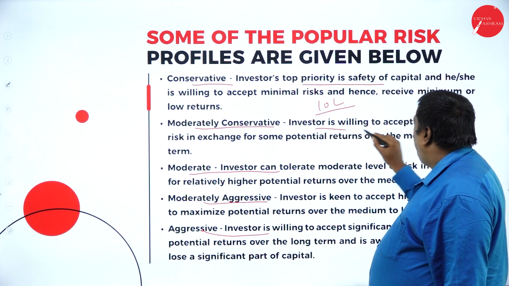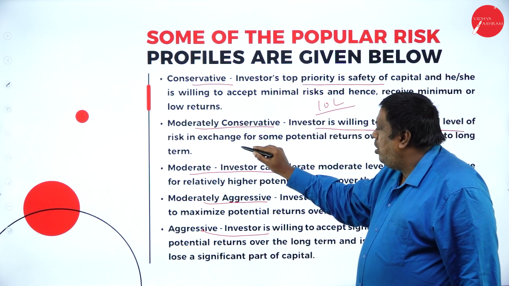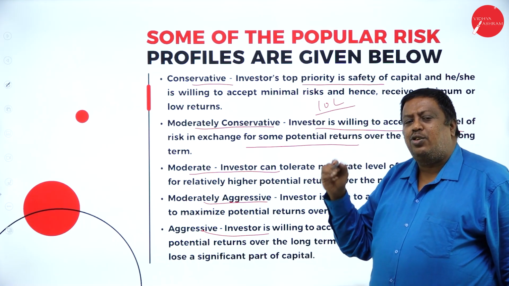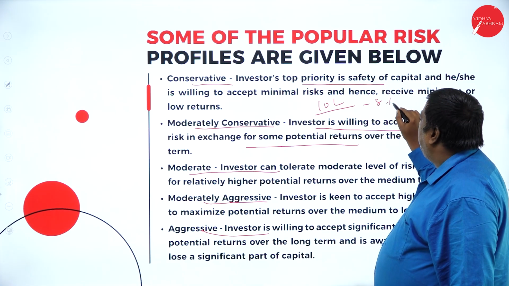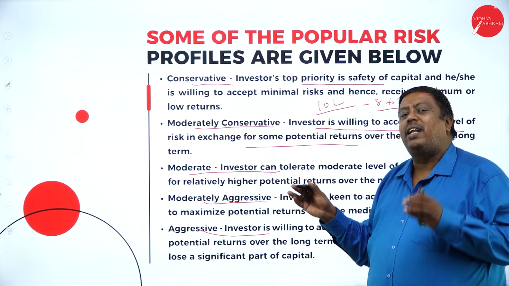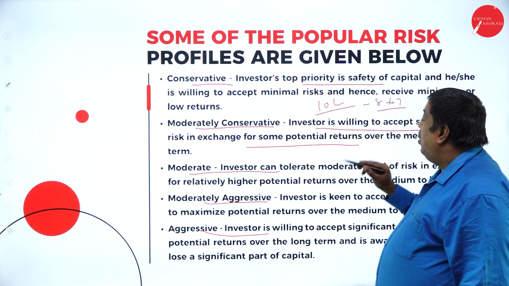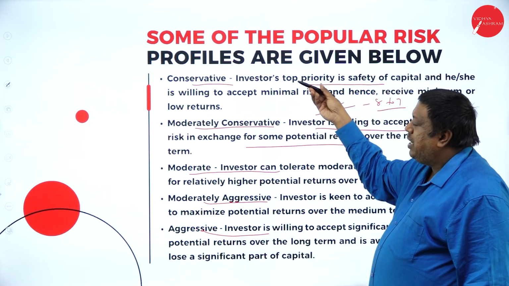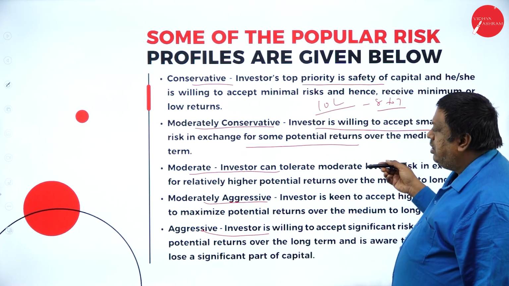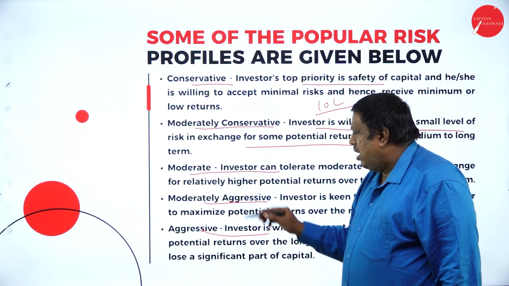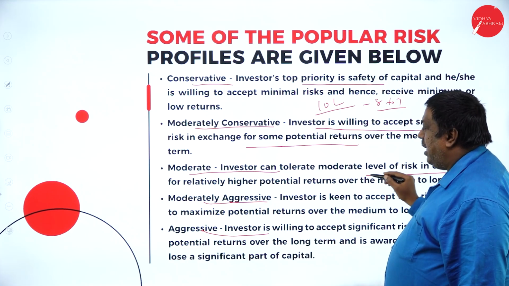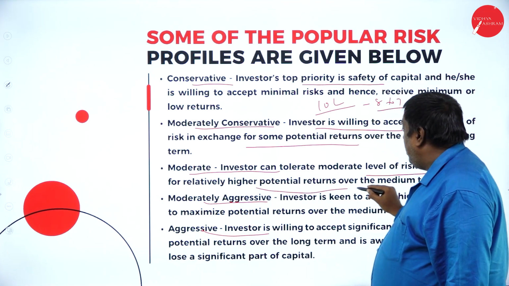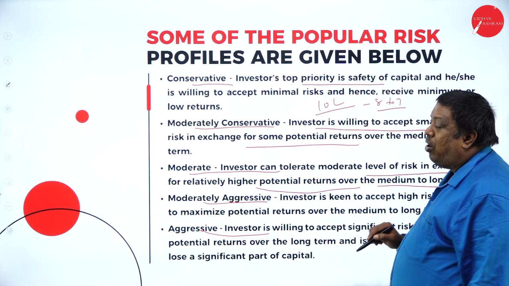For the moderately conservative, some people are there for whom even small changes in the returns are no problem. Okay, I've invested 10 lakhs. Even if I get 8 or 7 lakhs, okay, I can manage that. Some people say no, I want only 10 lakhs, so they're conservative. If they can make adjustments, they're called moderately conservative. Moderate investors can tolerate certain risk in exchange for relatively higher potential returns over the medium to long term.